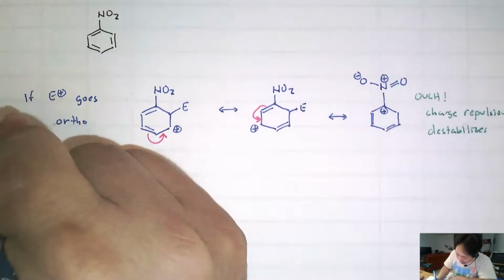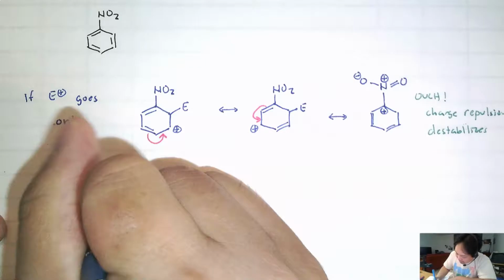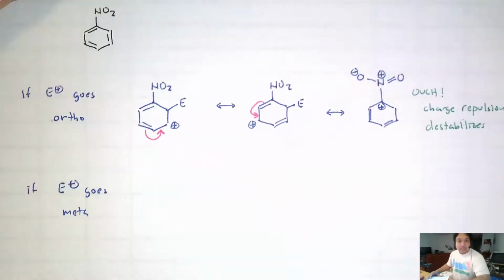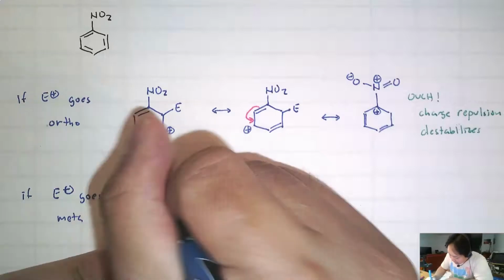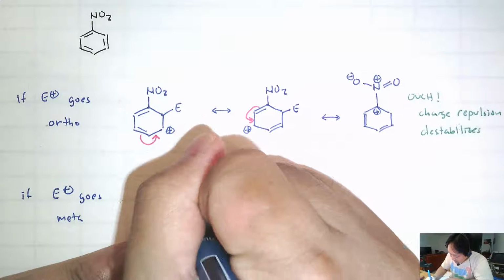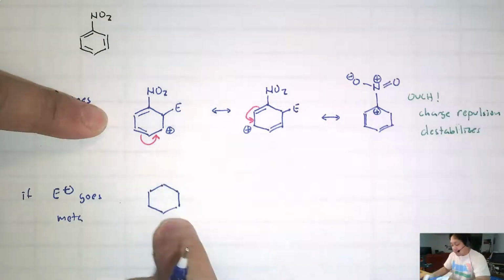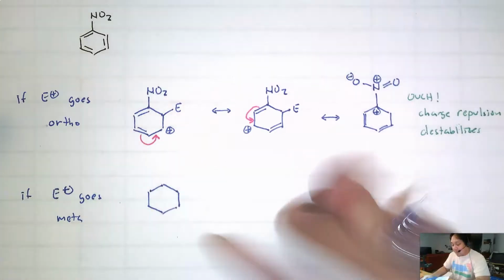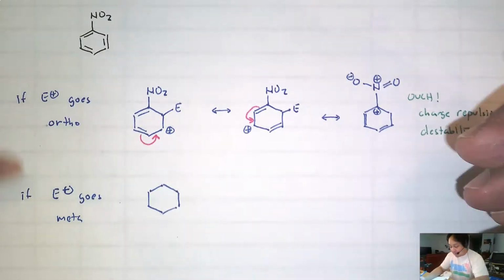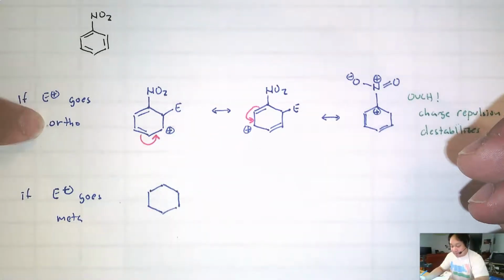Look at meta. If E plus goes meta, how would that look? If you want, you could pause the video, see if you could draw the resonance structures and the mechanism arrows, and also rationalize why it's better to go in the meta position for the nitro group than the ortho.